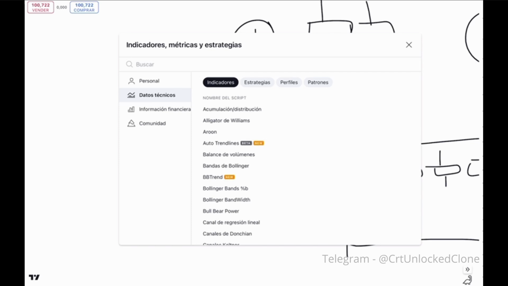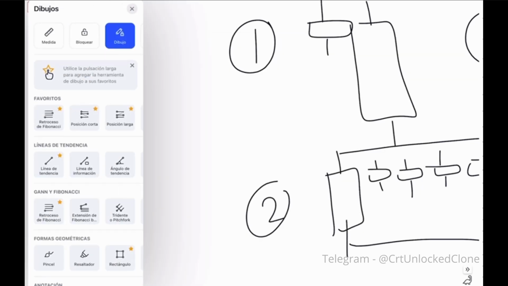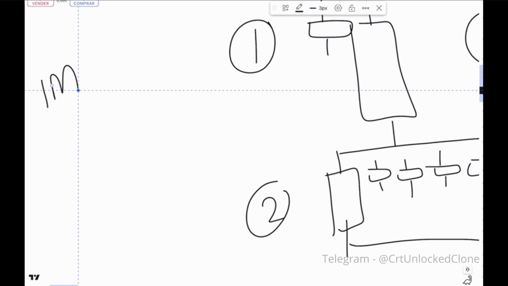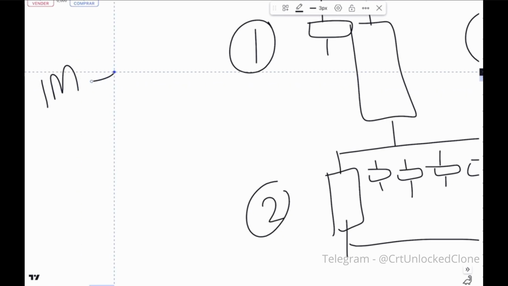So a monthly candle, monthly CRT, you're going to look to go down to the daily or the 4 hour Model 1, right?